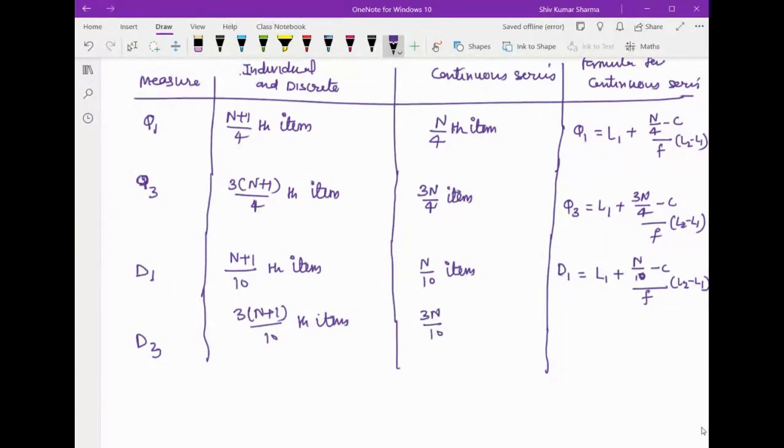Here 3n upon 10th item, and to calculate D3, L1 plus (3n upon 10 minus c) over f into (L2 minus L1). So this is for D3.